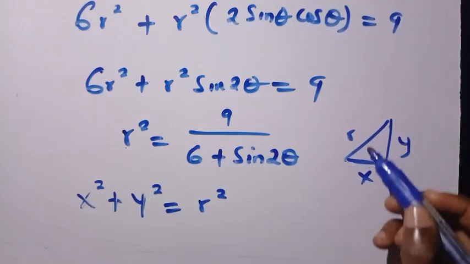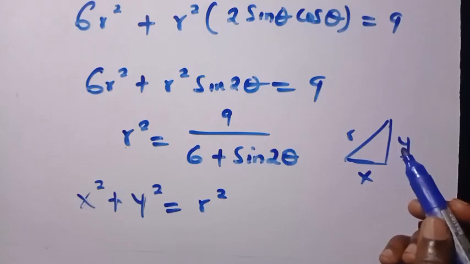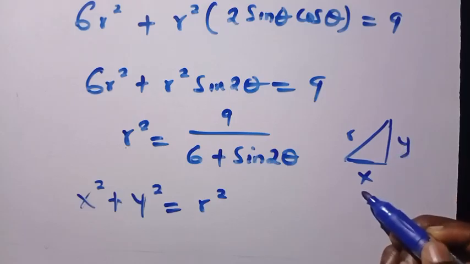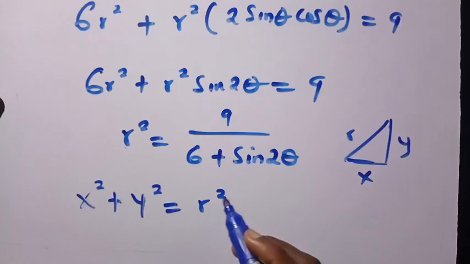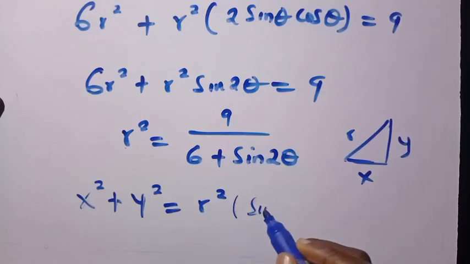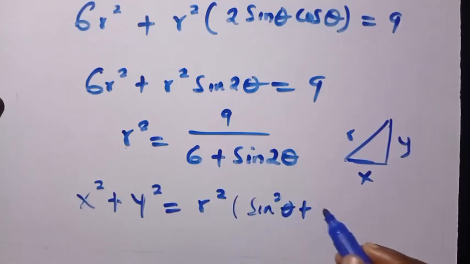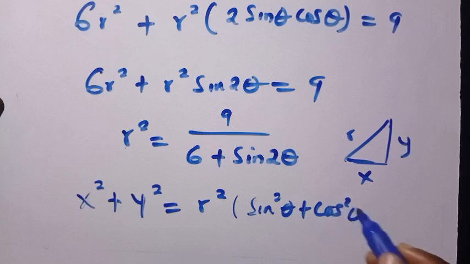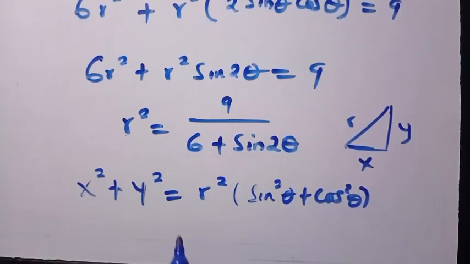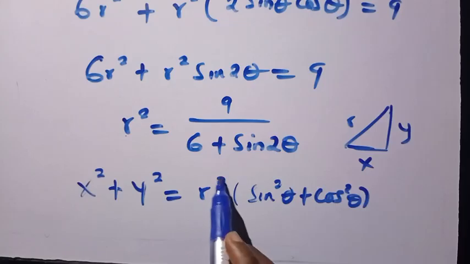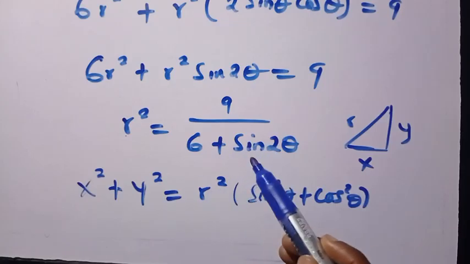So we can take the Pythagoras theorem of r squared equals y squared plus x squared. So this is where we got this. But before arriving at r squared, we have sine squared theta plus cos squared theta. So we have the r squared values here, which we get from here.